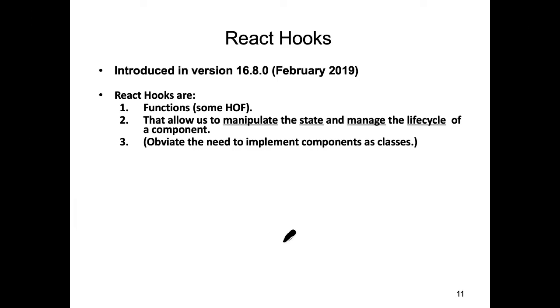Number two, they allow us to manipulate the state and life cycle of a component. We've actually seen one hook function already, which is the useState function. We would call that a hook, as I did earlier on. But these hook functions are all about manipulating a component's state and a component's life cycle.